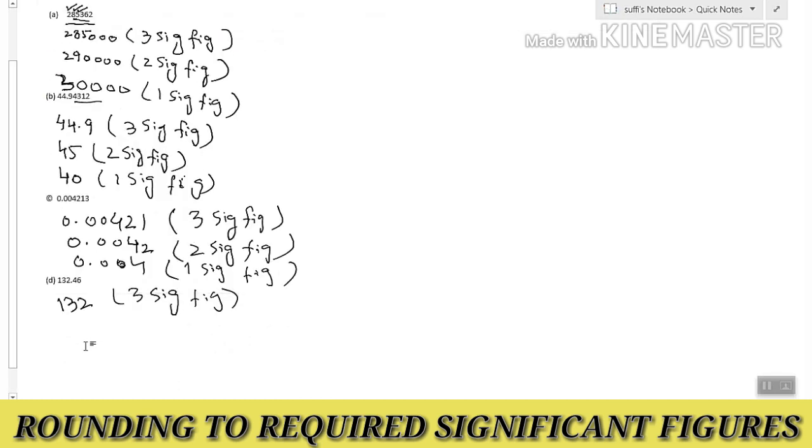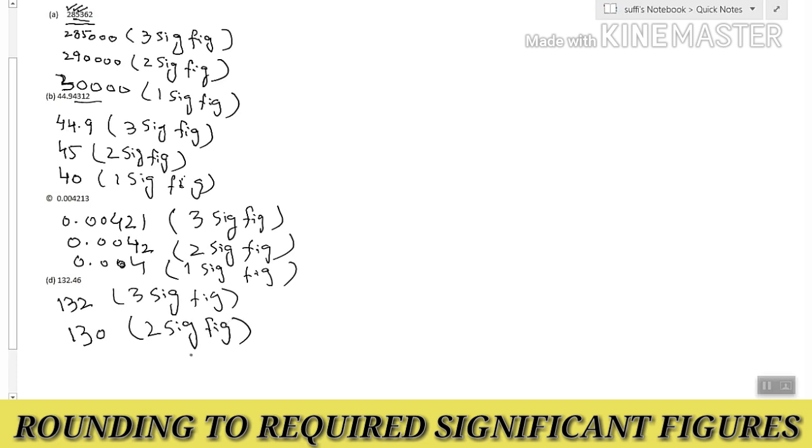Now to round off to 2 significant figures, it will be 1, 3. This is the first significant figure, this is the second, and just to keep the magnitude, we will write 0 and ignore the decimal part, because if we write zeros in the decimal part, they will be counted as significant figures. So it has been rounded off to 2 significant figures.